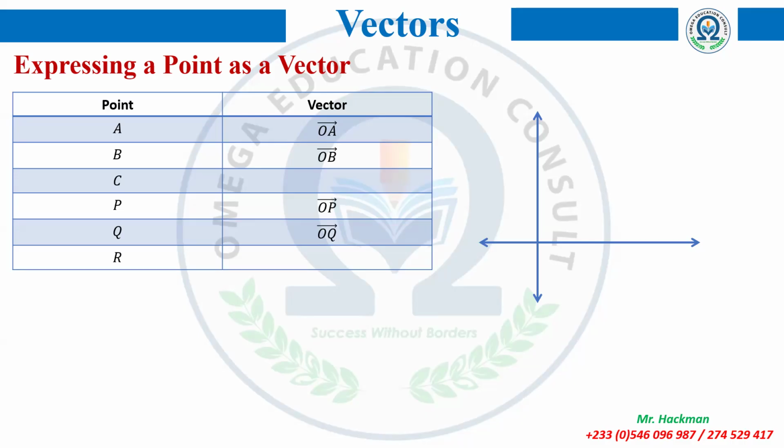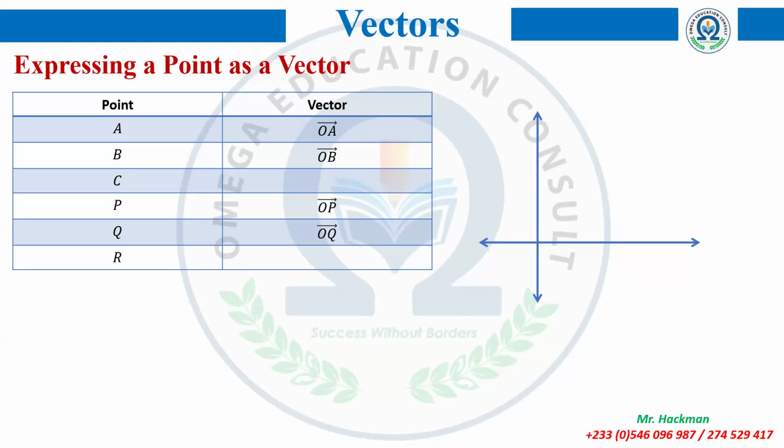Our main objective by the end of today's lesson is that the learner should be able to express points as vectors, then express free vectors in terms of position vectors, and then convert vectors in the magnitude bearing form to the column form and vice versa.